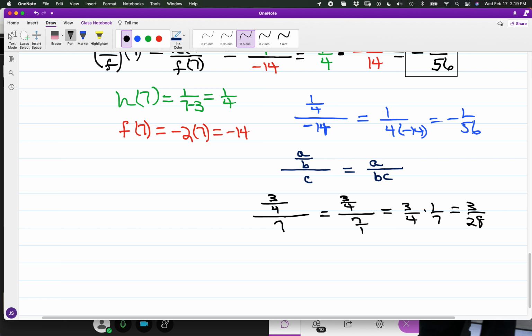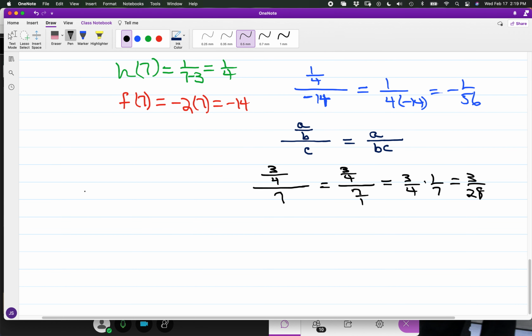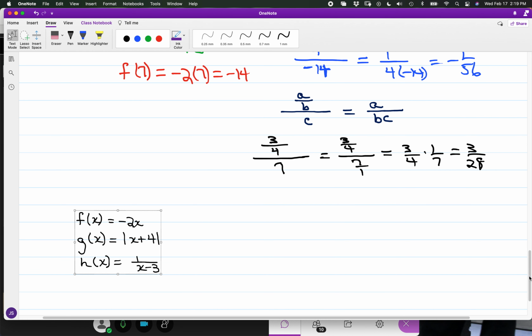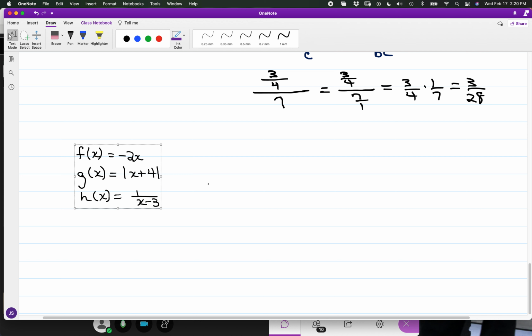All right. Now for the next item, still working with our trio of functions, f, g, and h. This time around we're looking at h over g of -4.